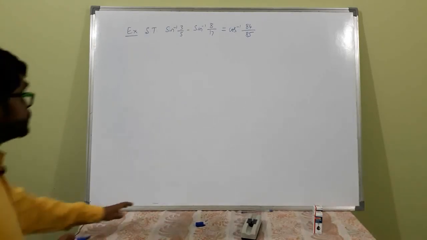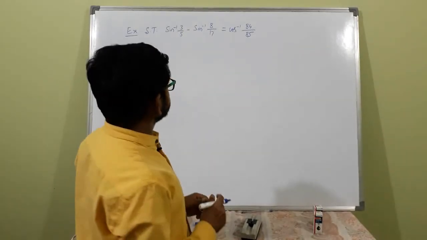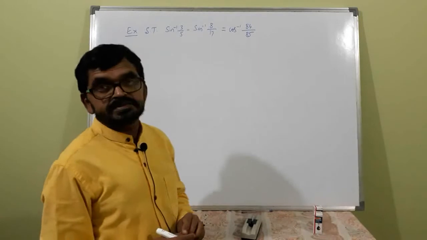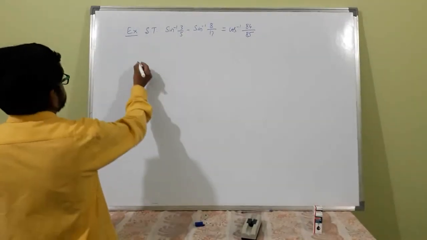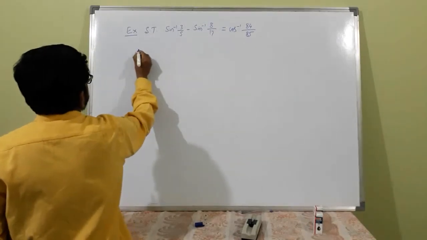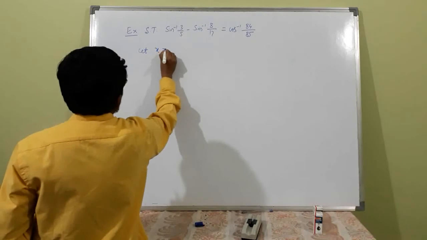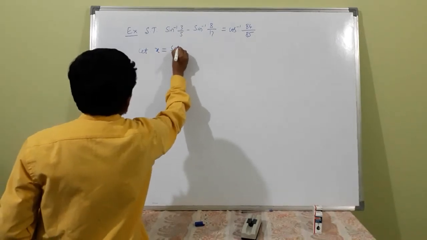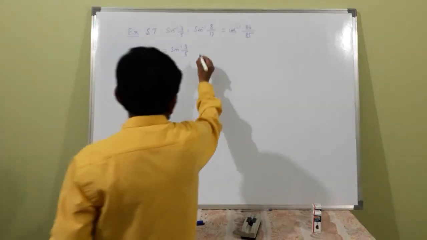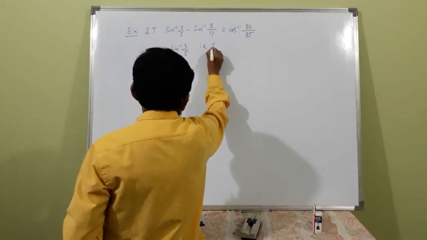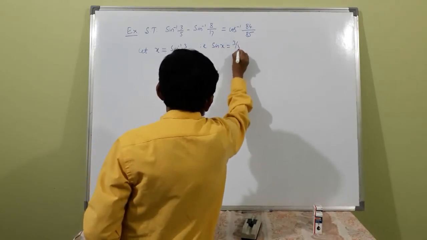Another example: show that sine inverse 3 by 5 minus sine inverse 8 by 17 is equal to cos inverse 84 by 85. Now let us find this expression. Let x be sine inverse 3 by 5, or sin x is equal to 3 by 5.